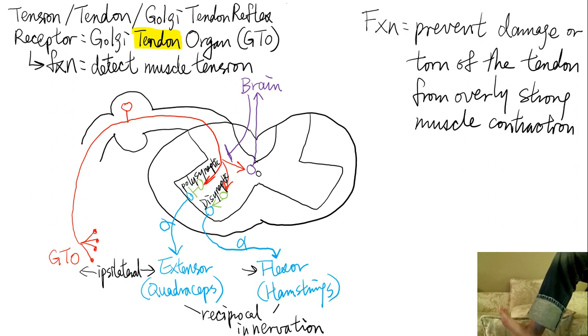Remember dorsiflex, plantar flex. Normally when you stretch your leg in the air, it is plantar flex, because plantar flexion is basically a reflex protecting your calcaneal tendon from overstretching.